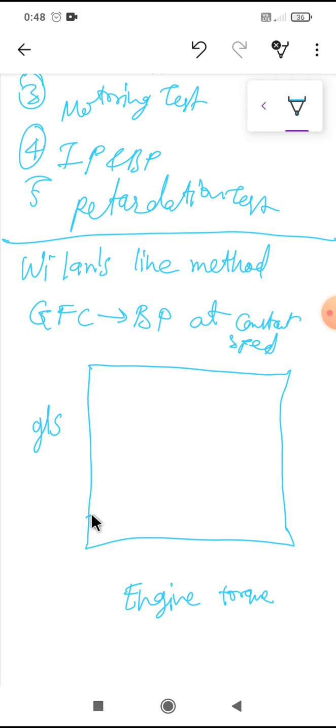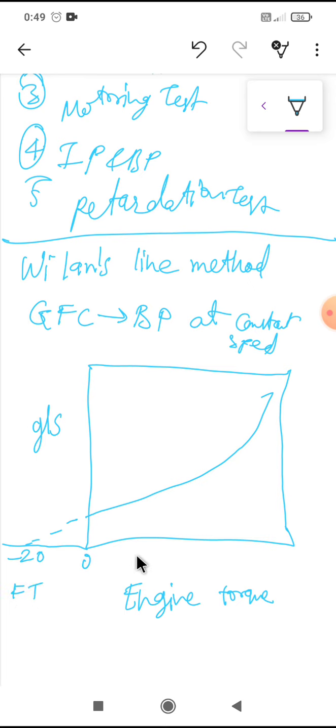Suppose this is the graph, and it is extrapolated here, suppose here this is minus 20. The value we get here is the friction torque.